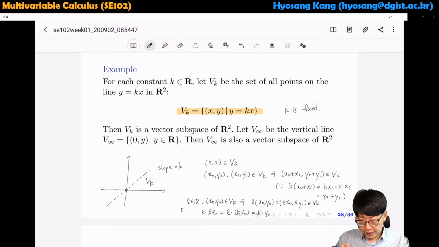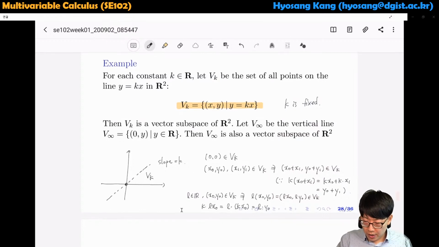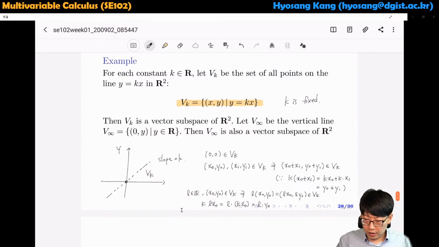Okay. So if k ranges from negative infinity to positive infinity, then it sweeps all the lines passing through the origin inside the two-dimensional plane, except one line, which is the vertical line, the y-axis. So you can define your y-axis line as V infinity, from the fact that the slope is infinite.